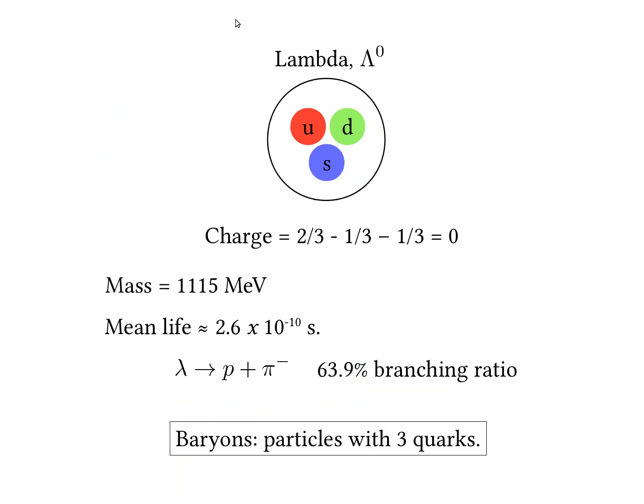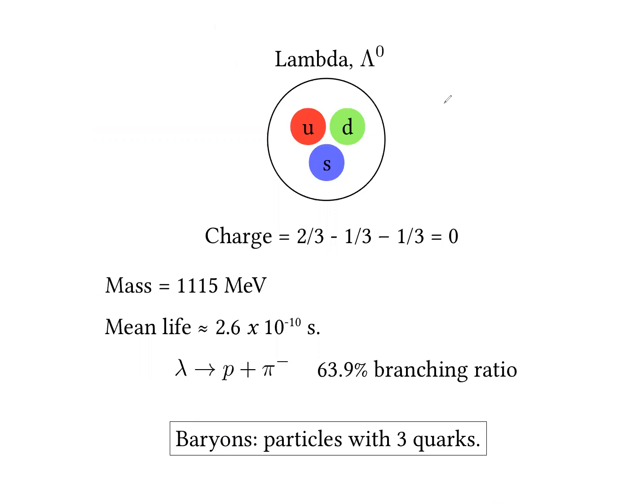The particles that we saw, proton, neutron, and here lambda, have 3 quarks, and particles made up of 3 quarks are called baryons. There are other particles we can form, but our restriction is that they must be colorless.